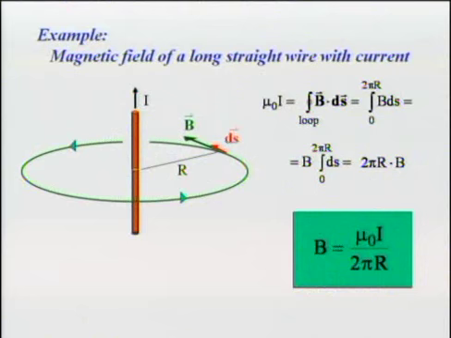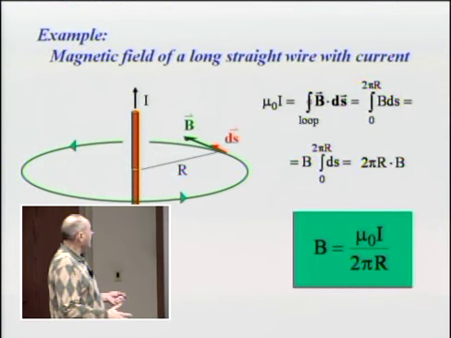Have we also used this in another configuration? Oh yes, in the Ampere-Maxwell law, if I consider current that way, then I have to consider a magnetic field this way, along a loop. Here it's the same case.